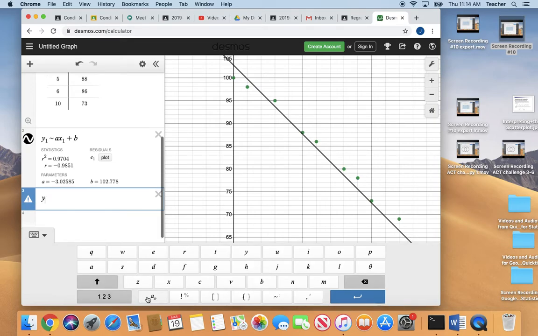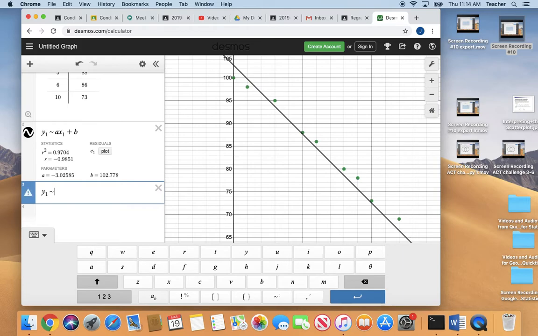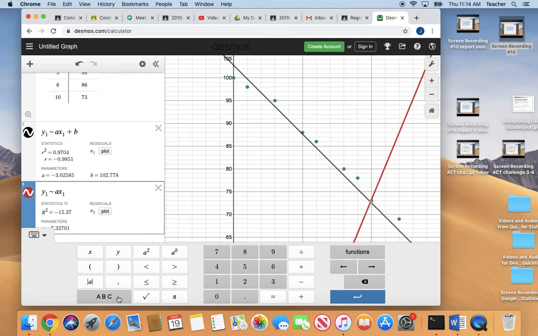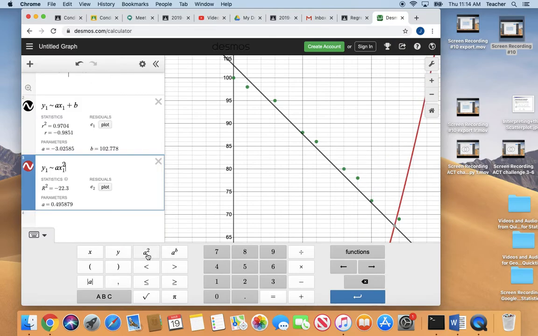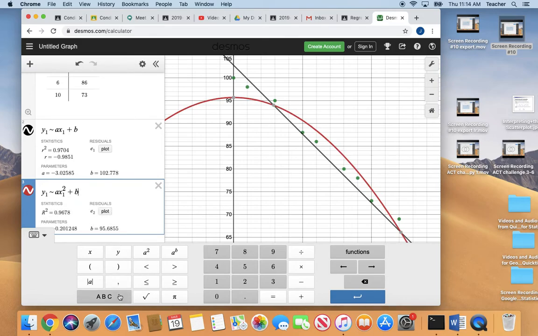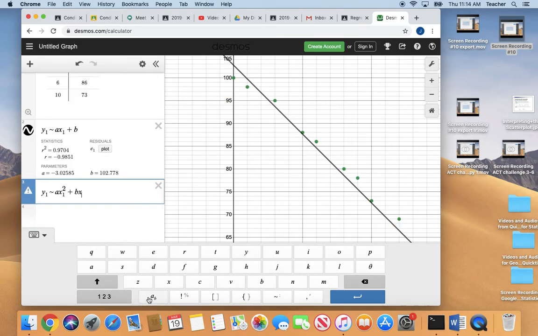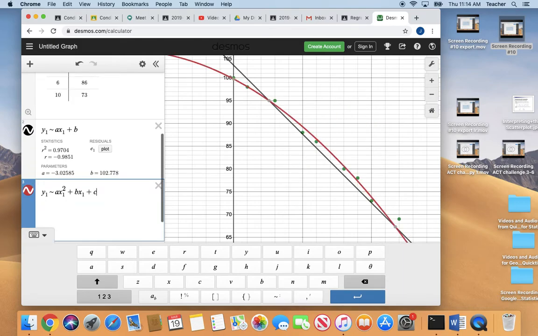So I would put in y1, because if you type it in Desmos you always have to have y1, approximately ax1 squared plus bx1 plus c.